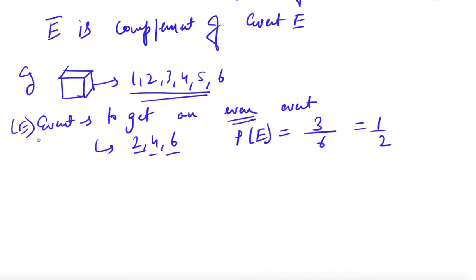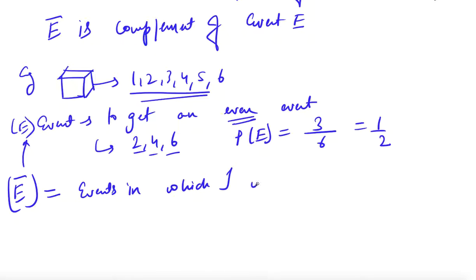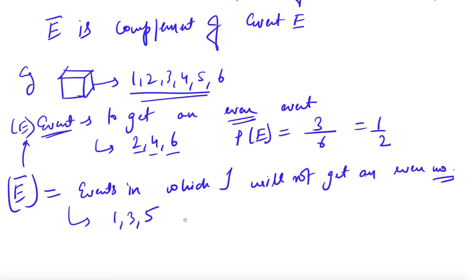Now E bar will represent the complement of this event, that is, the events in which I will not get an even number. Those events in which I will not get an even number are called the complementary events of our first event E. What will those be? 1, 3, and 5, right?